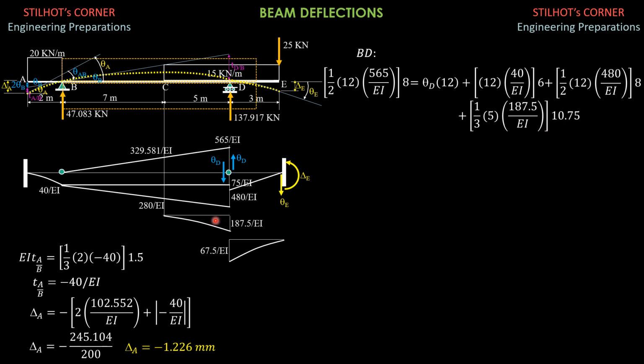So this is 5/4, so the distance of the centroid from B is 10.75. So solving for theta D is equal to negative 179.948 over EI.